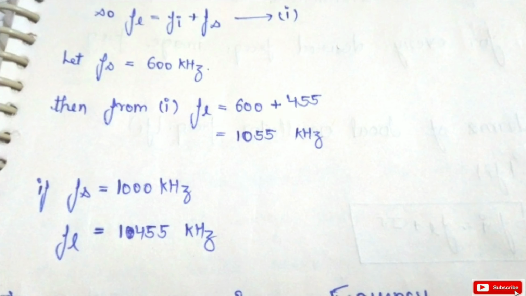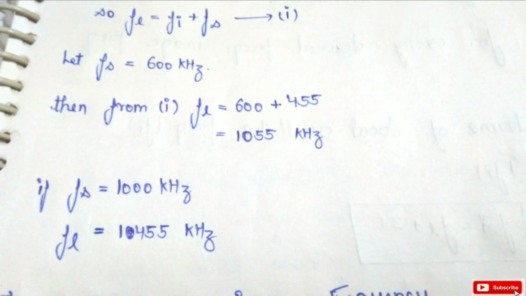So FL will be represented by Fi plus Fs. Let's assume that the tuned frequency that we want to select, first, is 600 kilohertz. So FL will be 600 plus 455, which is 1055 kilohertz. And if we assume Fs as 1000 kilohertz, then FL will be 1455 kilohertz.